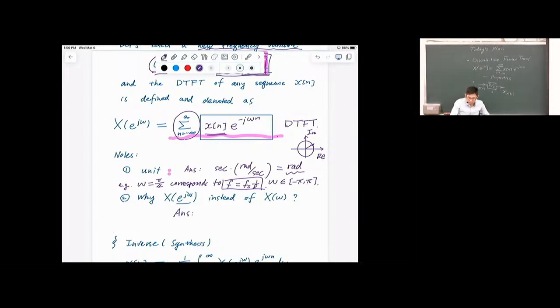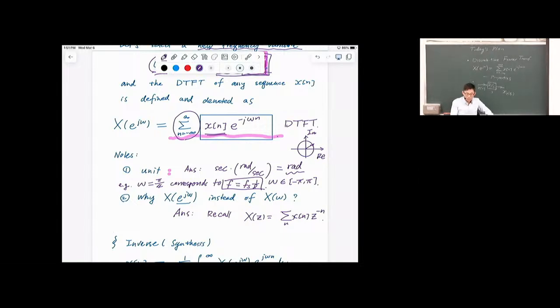Recall, for those of you that have taken signals and systems, we have a Z transform defined as the summation over n of x[n] times z to the minus n. That's the definition of Z transform. We'll go back to this in chapter 5, later this month, when we officially introduce Z transform.